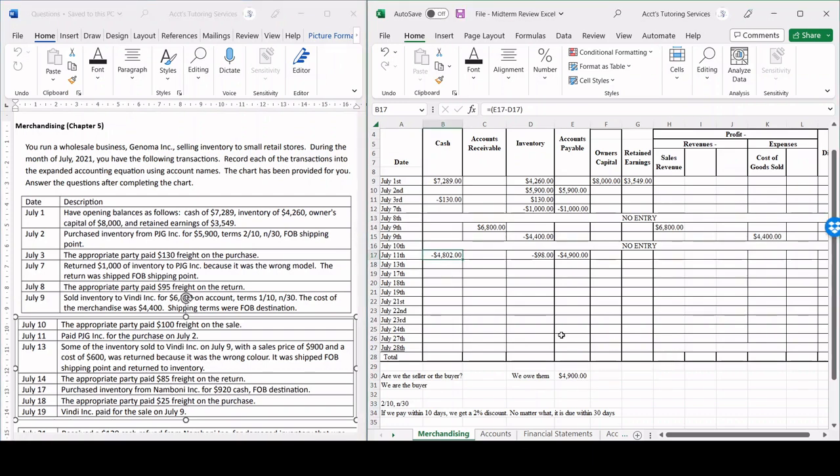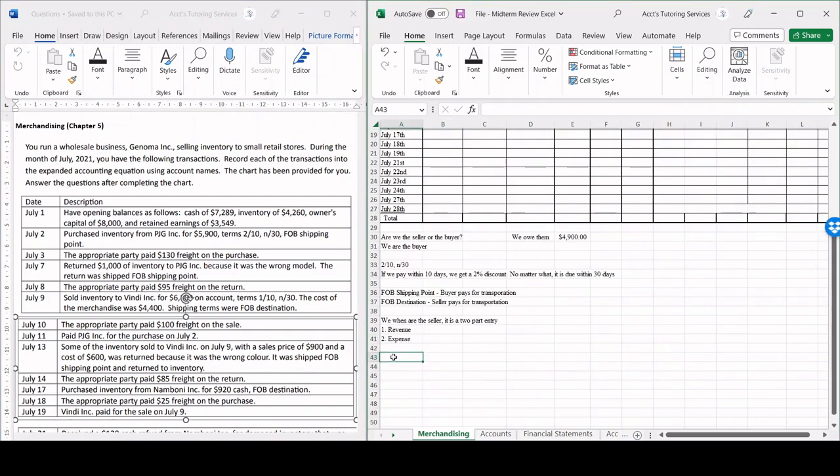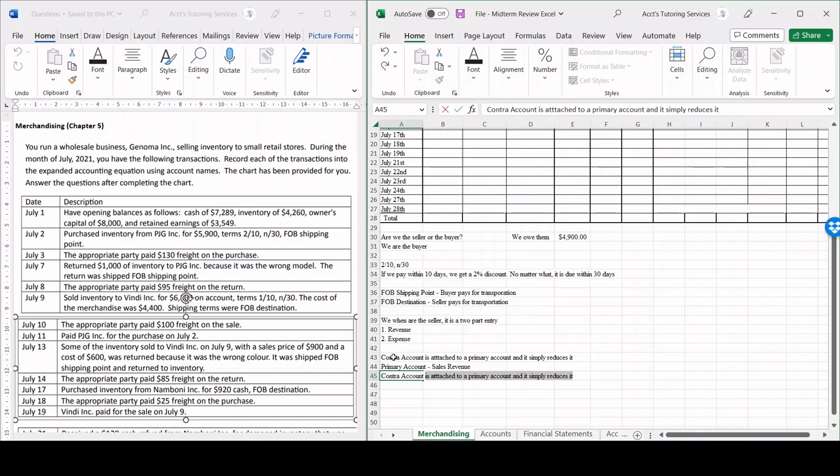In this case, we're going to set up a contra account. A contra account is attached to a primary account and it simply reduces it. So in this situation, the primary account is going to be sales revenue. And we have two contra accounts that are attached to sales revenue.